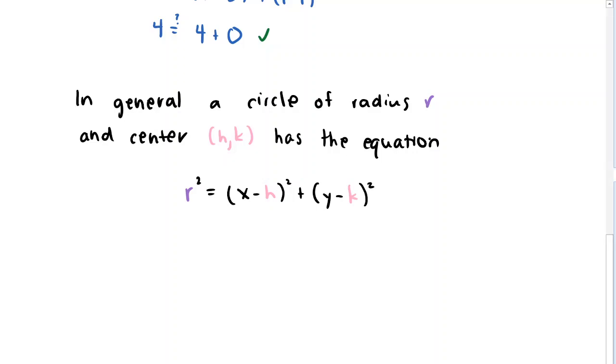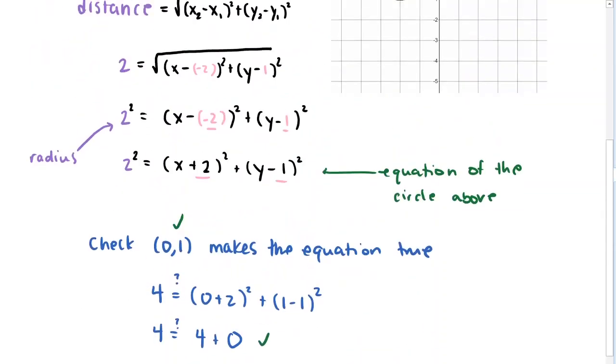We saw this in our above example: here we see the radius squared, we see x minus that negative 2 squared, and y minus that 1 squared.